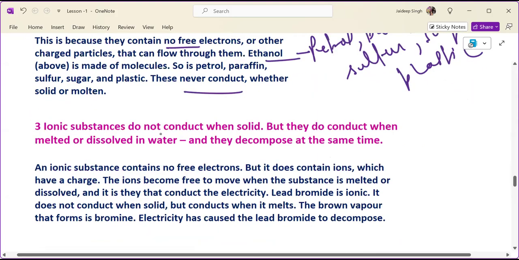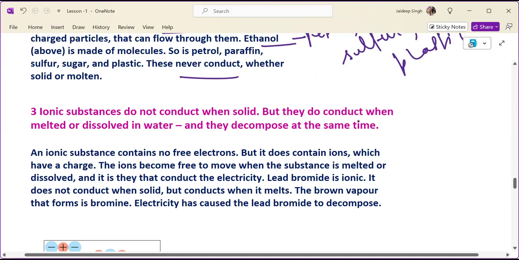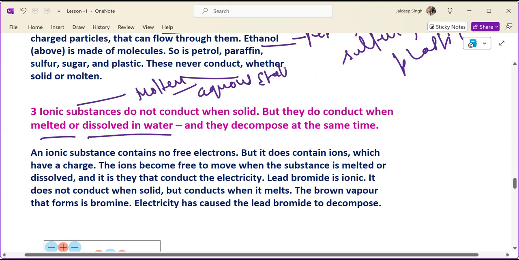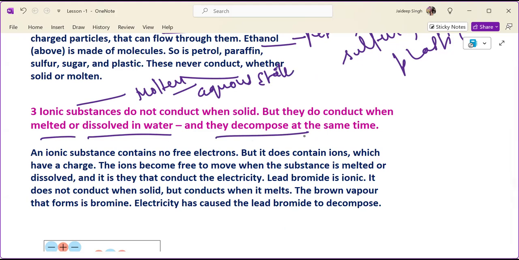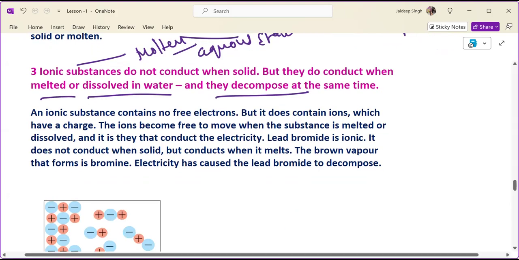Ionic substances do not conduct when solid, but they do conduct when melted or dissolved in water, and they decompose at the same time.